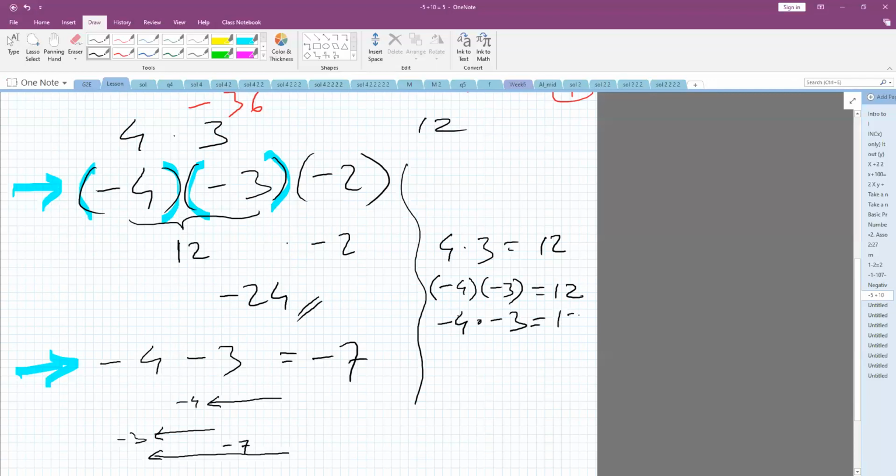And that gives you the same answer, 12. Okay? But if there is nothing, now you see this -4 -3. This is not multiplication. This is simply -4 and then -3, which is this operation. And that gives you -7. Okay.